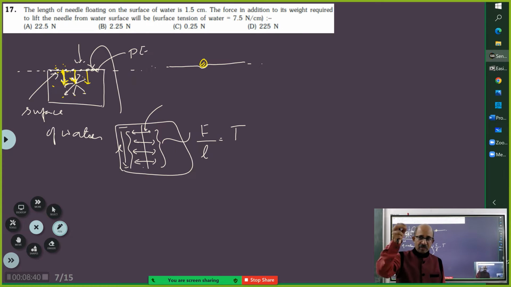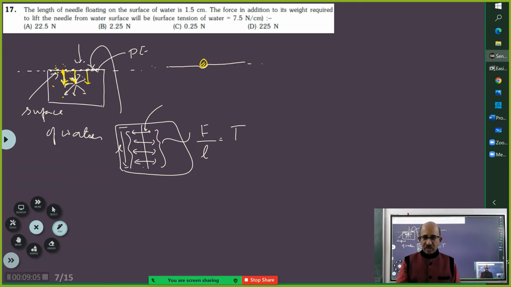Now let's come to a theory which is universal. Whenever a system has potential energy, it will always adjust itself such that the potential energy is minimum. So when will the potential energy of the surface become minimum? When the surface molecules are minimum.